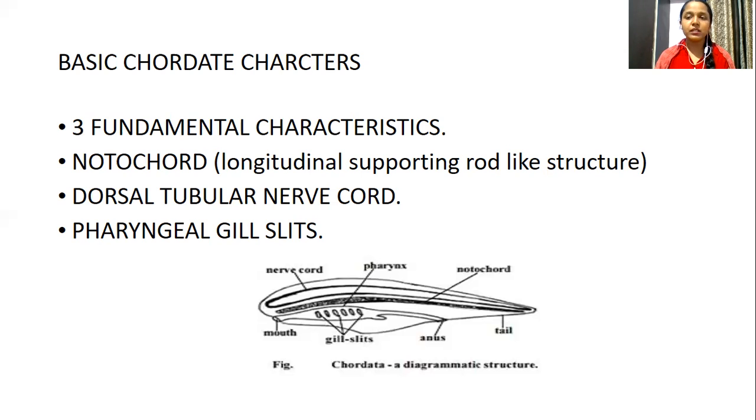Whereas the dorsal tubular nerve cord remains and becomes complex to form the brain and the spinal cord. But in certain hemichordates, the dorsal tubular nerve cord also diminishes during metamorphosis. So these are the basic chordate characteristic features.